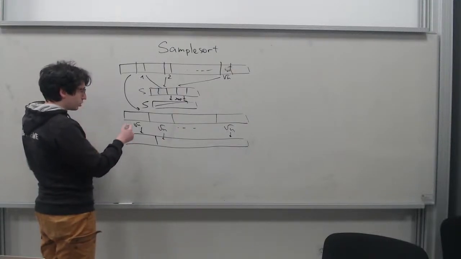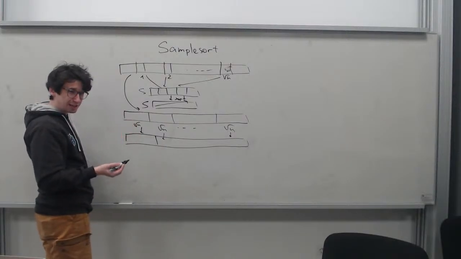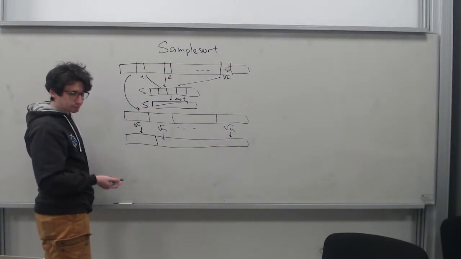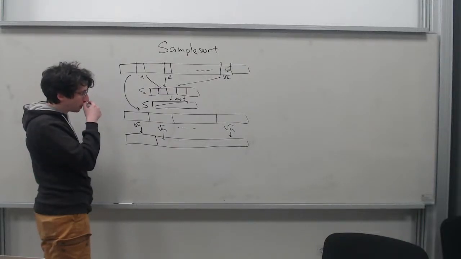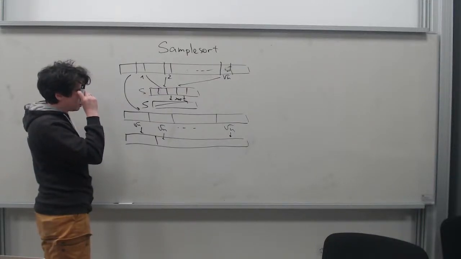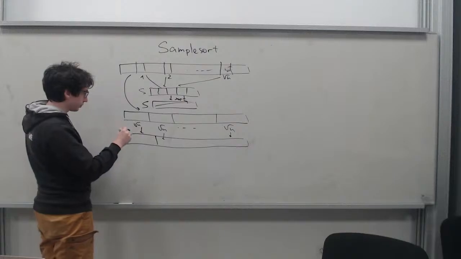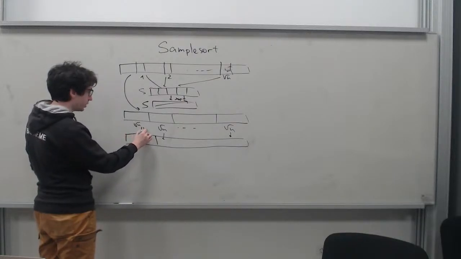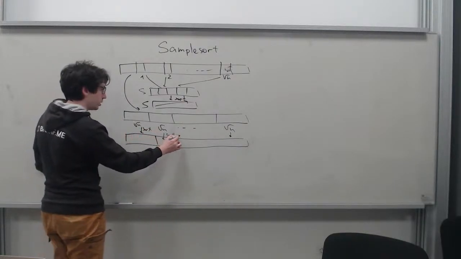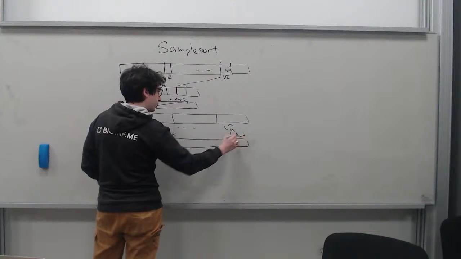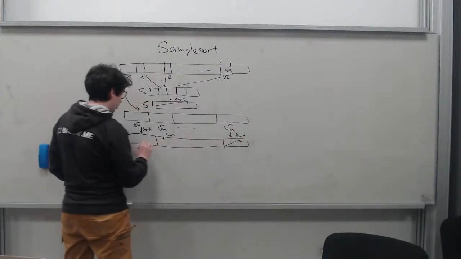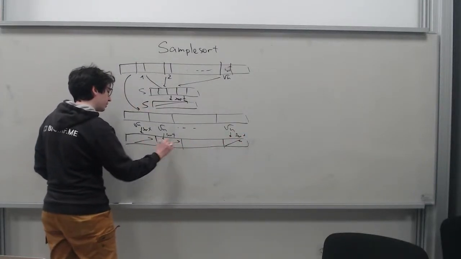Potentially, I think you can split into parts of size square root of n log n. I guess you can do that, and that will solve your problem with the sorting. So we sort this one, and sort this one. So we will have square root of n parts.